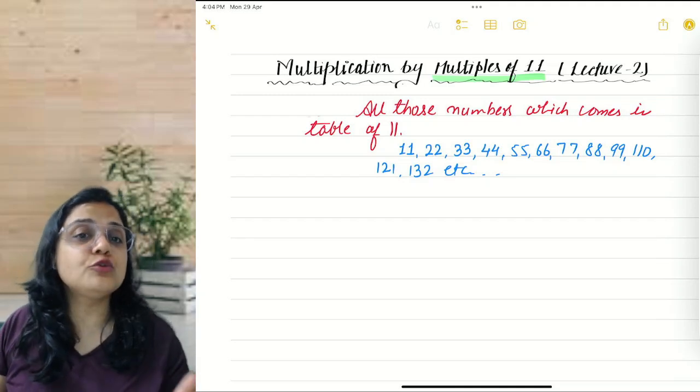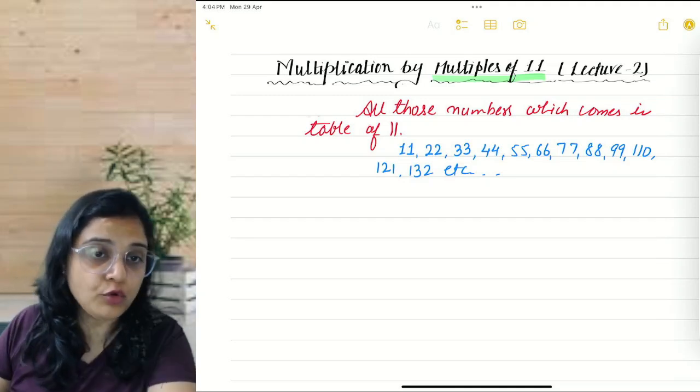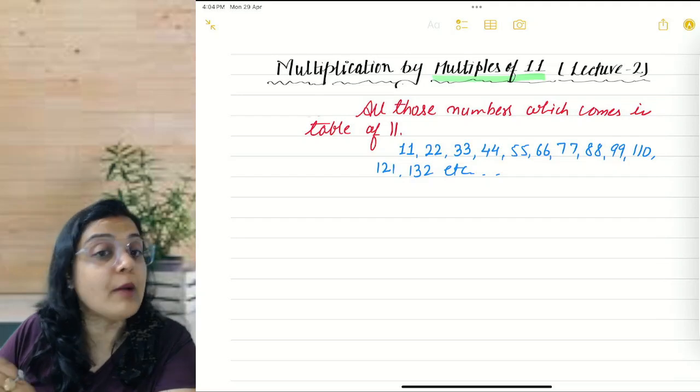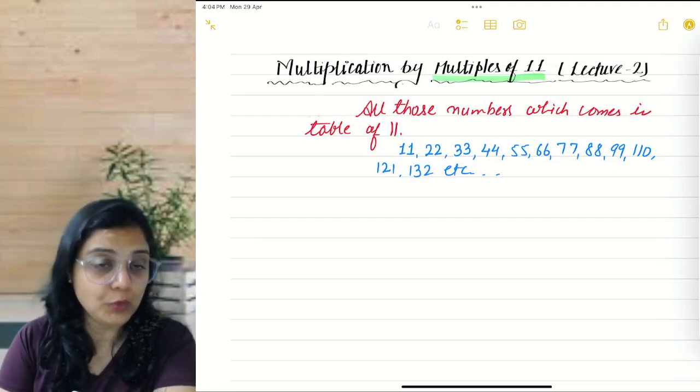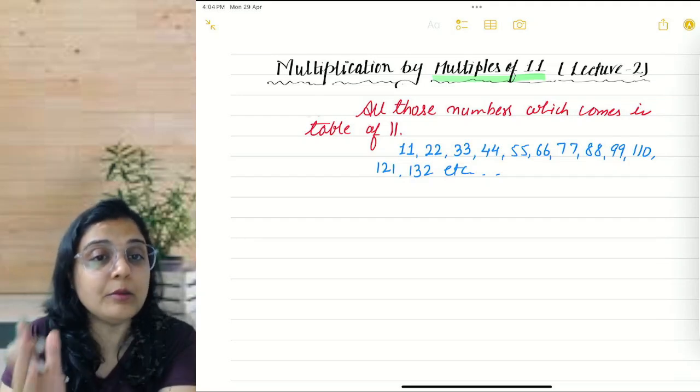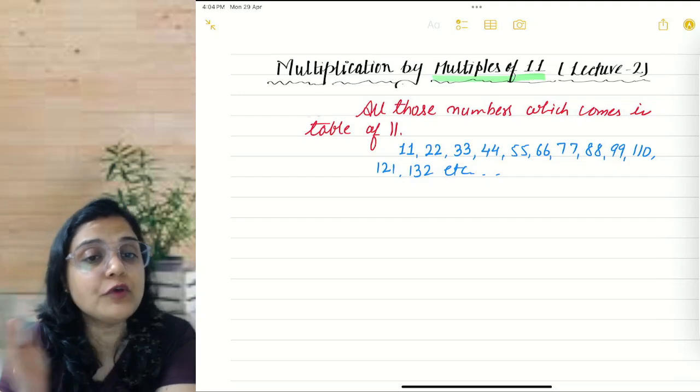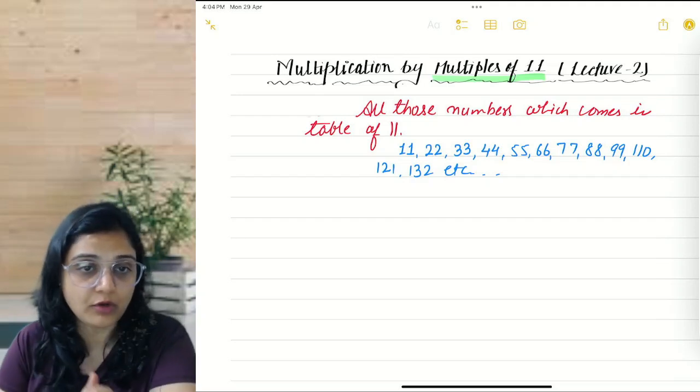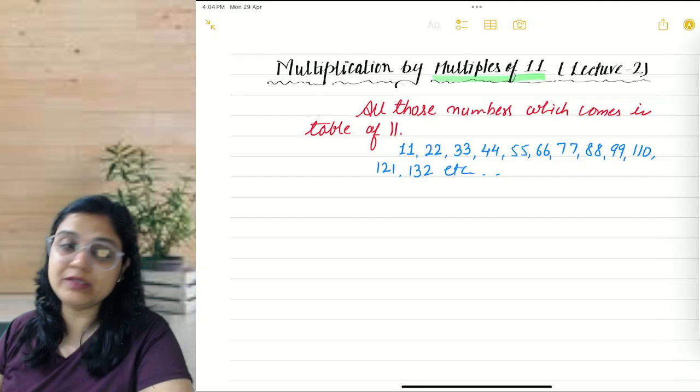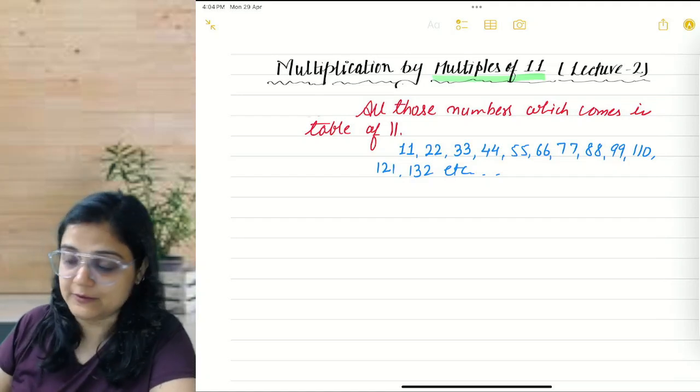You can move as much as you want to in this, and you can apply this rule that we are going to learn today in this video to any number which is a multiple of 11 with the product of another number. All right, so we'll go with some numbers and then you can generalize.